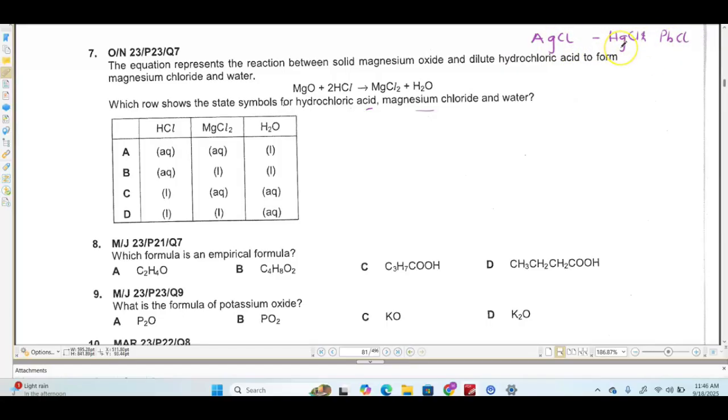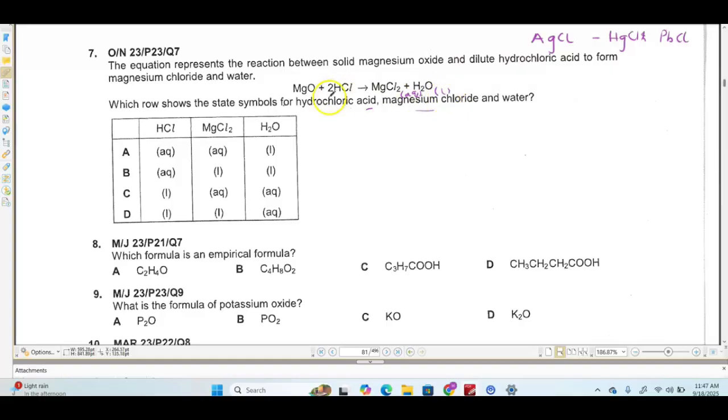Silver chloride, mercury chloride and lead chloride are not soluble. All other chloride salts are soluble. So if we have MgCl2 over here, it is going to be aqueous because it's dissolved. Water obviously is going to be liquid.